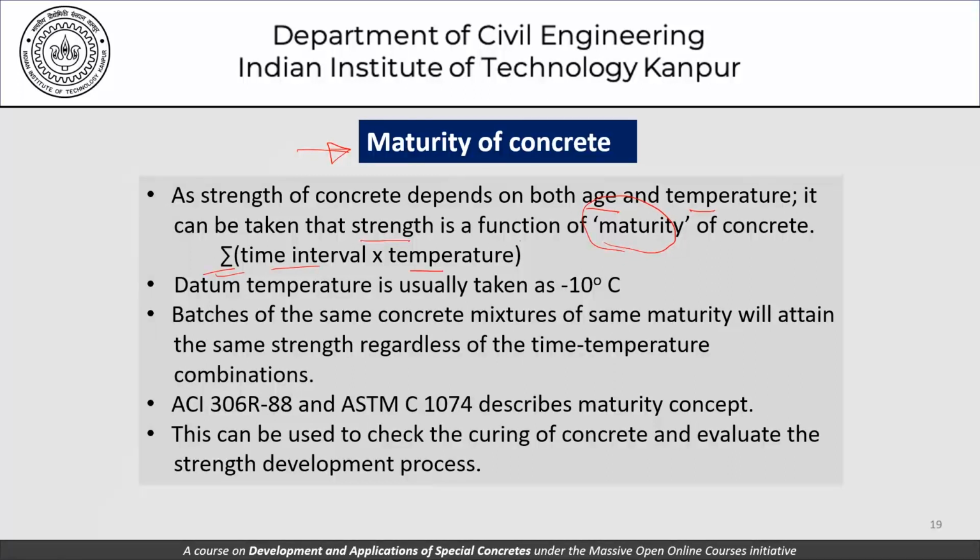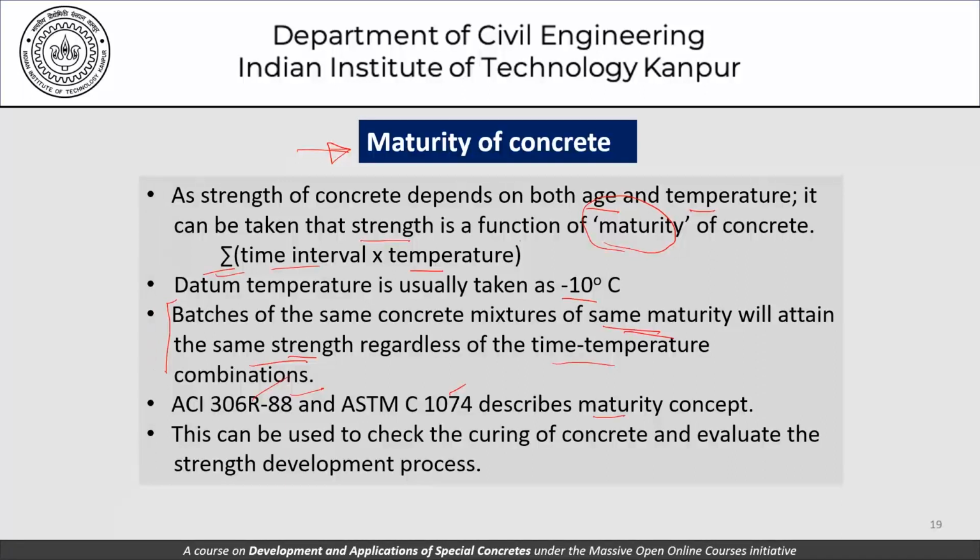The datum temperature is usually taken as -10. This is something we'll come back and revisit in another lecture later on. The idea being that batches of the same concrete mixture of the same maturity will attain the same strength regardless of the time-temperature combinations.